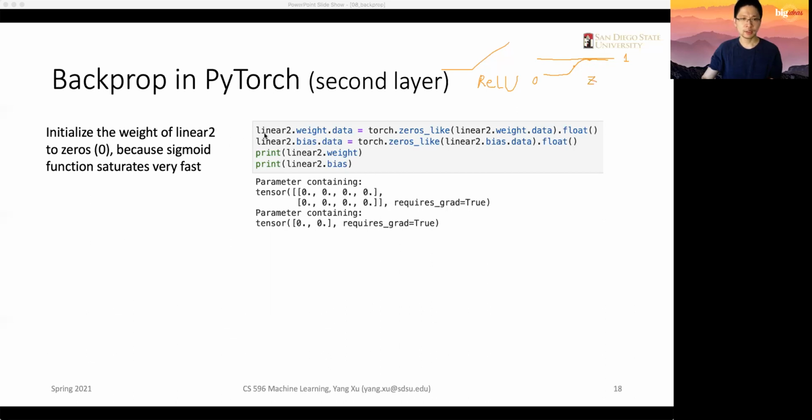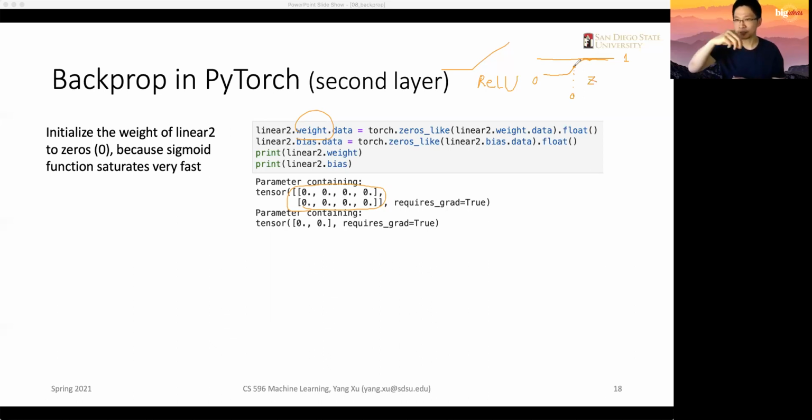So when we initialize the weight matrix of linear 2, we make them all zeros. Because the matrix is 0 now, the outputs would also be 0. When you multiply an all-0 matrix with any input vector, all the output units would be 0. And if we use 0 as the input of a sigmoid function, then the gradients would be a reasonable value.